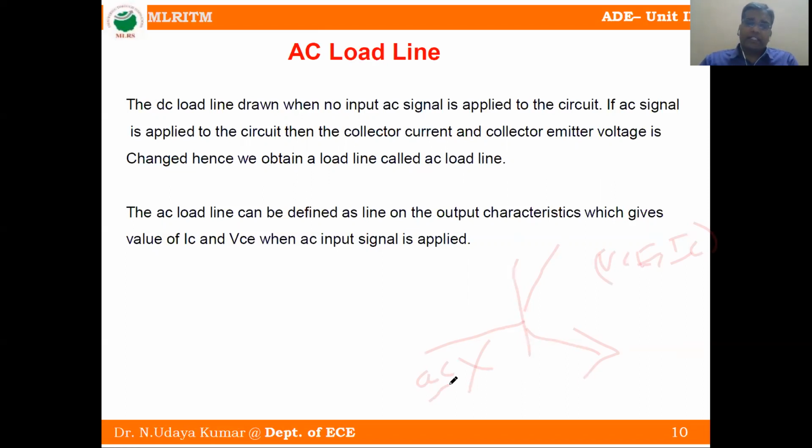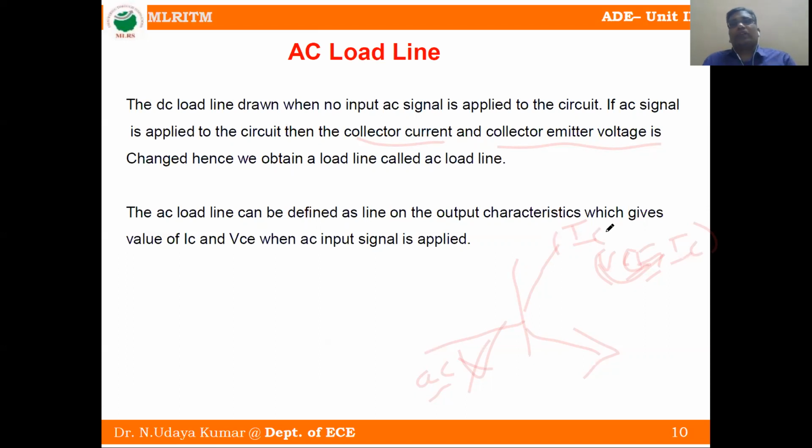Whenever an AC signal is applied here, the collector current IC and the collector emitter voltage VCE are changed. Hence we obtain the load line called the AC load line. The AC load line can be defined as a line on the output characteristics which gives the value of IC and VCE when an AC input signal is applied.